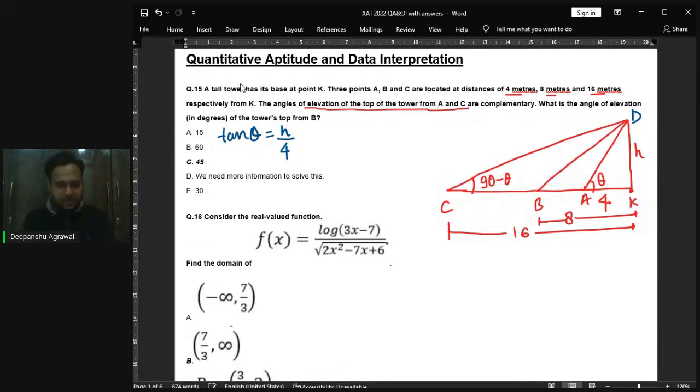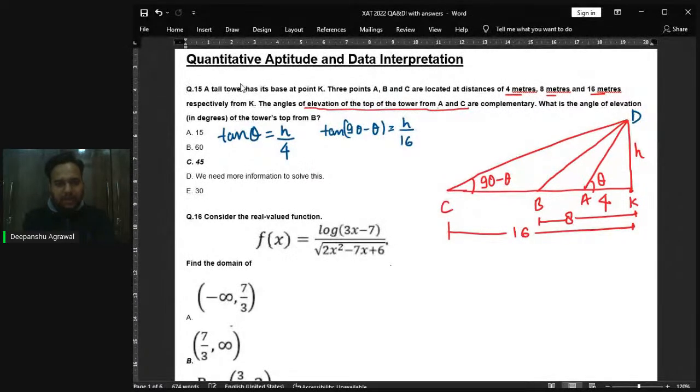This is our first equation. Now apply the same formula in this triangle, 90 minus theta and 16. So we will get from here that tan 90 minus theta will be equal to h by 16.